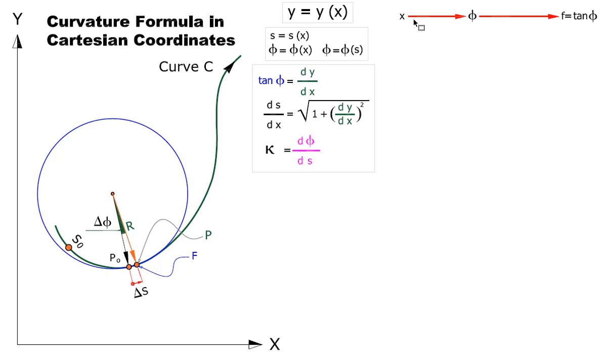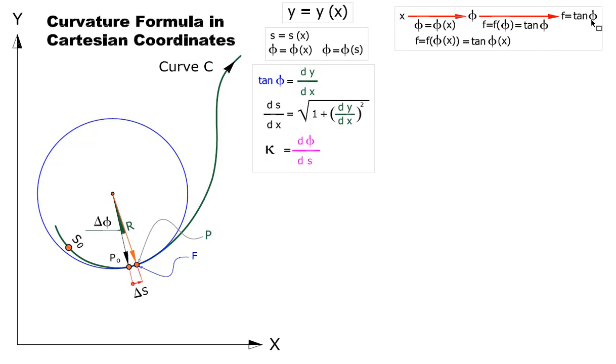If x changes, then phi will change and tan phi will change. We call tan phi function f. So that implies we have two functions, function phi and function f, and they can be written as nested functions.